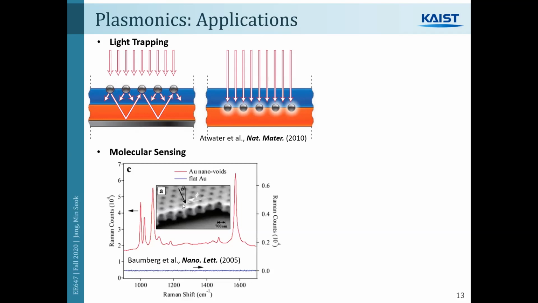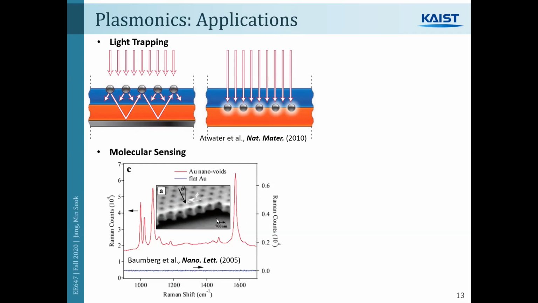And again, because plasmons are small, you can increase the sensitivity of molecular sensing, even all the way up to single molecule level. This molecular sensing is done by Raman measurement, and this Raman process is a second order nonlinear process, so its efficiency is proportional to the fourth power of the electric field amplitude.